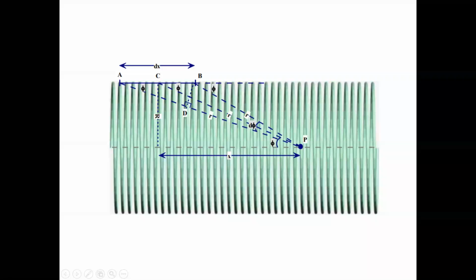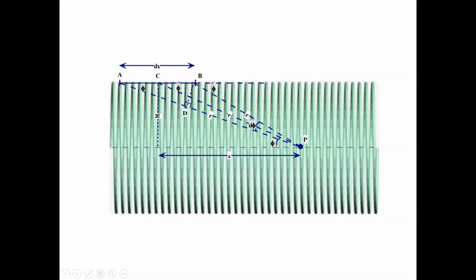And whatever the distance between the point P and the length dx is also taken as the same value, which is equal to small r. For the calculation purpose, here we have to draw a perpendicular, that is BD.